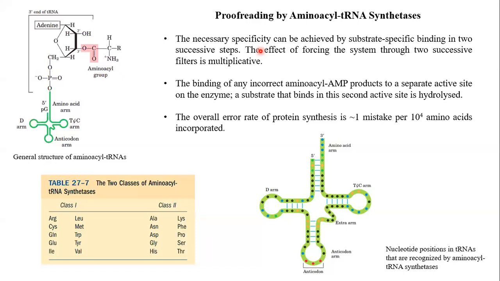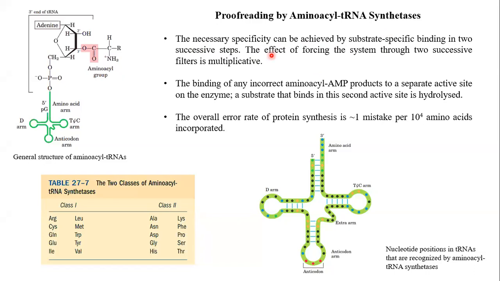So this proofreading by the amino acyl transfer RNA synthetase enzyme becomes very important. And how does it proofread, how does it correctly add the amino acid to a transfer RNA? This necessary specificity is achieved by two successive steps. Just now we saw that the reaction takes place in two steps.